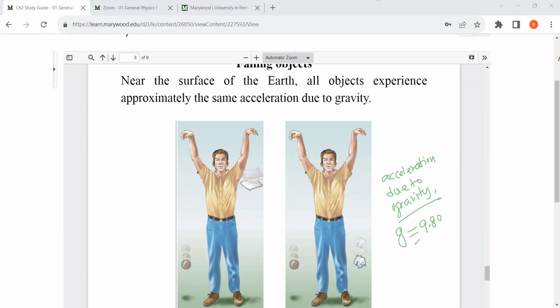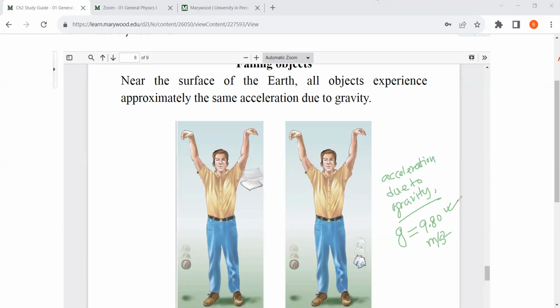Because it is an acceleration, the standard international unit is meter per second square. This is a standard value we'll be using throughout this course. So if it is due to the earth's gravity, the gravitational acceleration is 9.80 meter per second square.